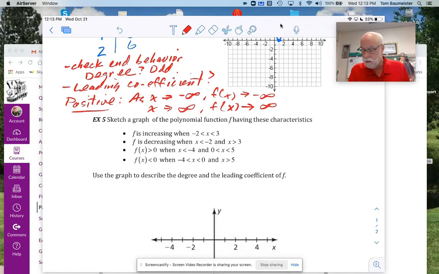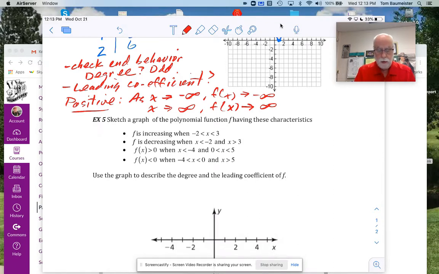All right? So now the next one here, they're just going to ask you by their description on how to sketch a graph. So sketch a graph of the polynomial function having these characteristics. My bullets are f of x is increasing when x is between -2 and 3. F is decreasing when x is less than -2 and x is greater than 3.